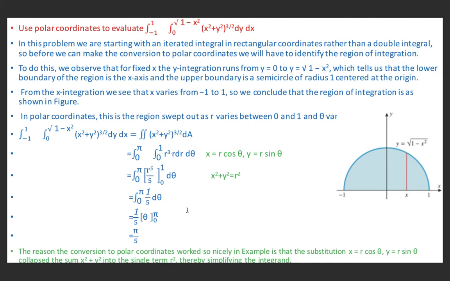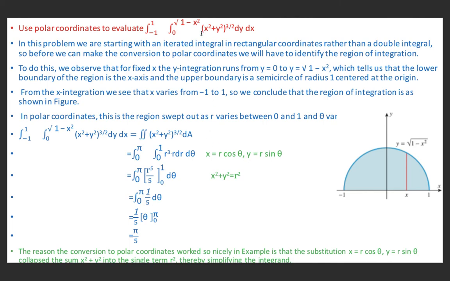So we have seen the region. The reason polar coordinates worked so nicely in this example is that the substitution of x equal to r cos theta and y equal to r sin theta collapses the sum x square plus y square into the single term r square, thereby simplifying the integrand.